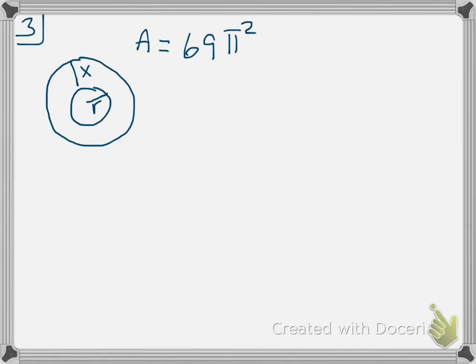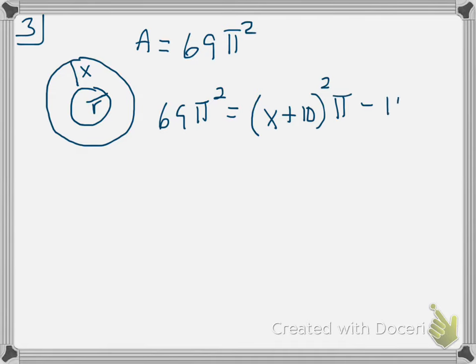Okay. So 69 pi squared. Now if we take the radius of the big part, that's x plus 10 squared times pi r squared, and we're going to subtract off 10 squared pi.